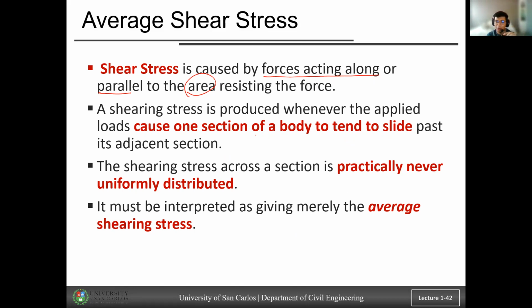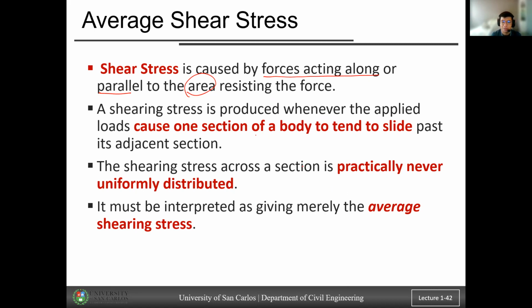You have the bolt, you have the washer, and then you have the metal plates attached to the bolt. So of course it's not only one body, but several bodies that tend to slide on adjacent sections, right? So it may be that the bolt body is sliding along the metal plate, so it could be in that format.